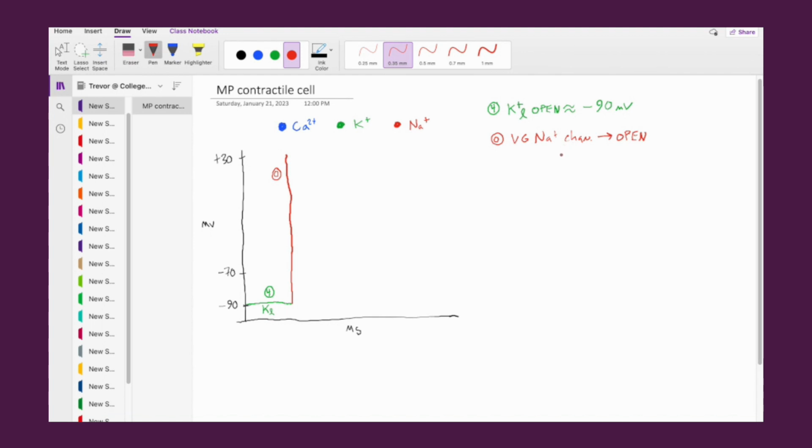Remember, they're voltage-gated, so that depolarization is going to cause them to open up. Now we're back to our voltage-gated sodium channels acting in more of a classical fashion, right? That's opening upon depolarization from that incoming signal. Not like with our funny channels, which open when they're hyperpolarized. So what we see with this is a rapid depolarization all the way up to positive 30 millivolts.